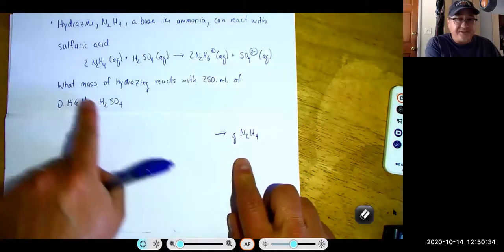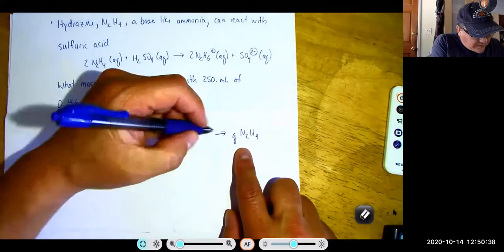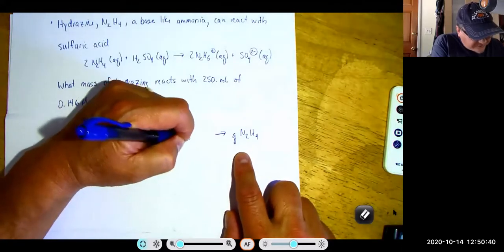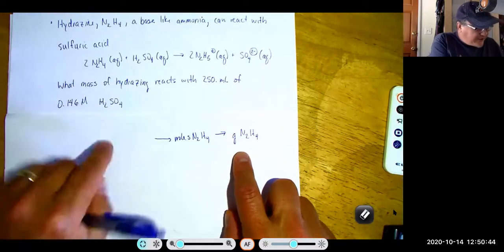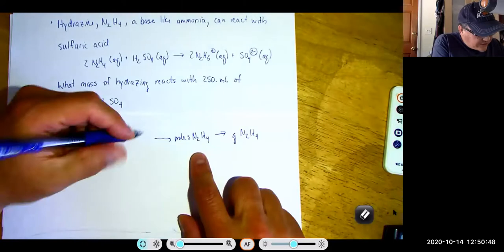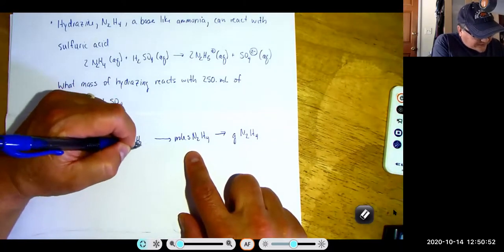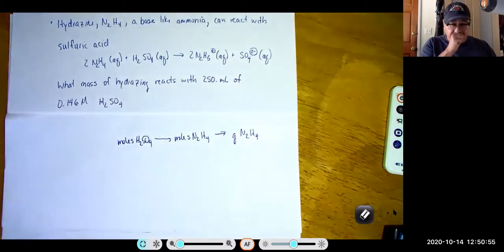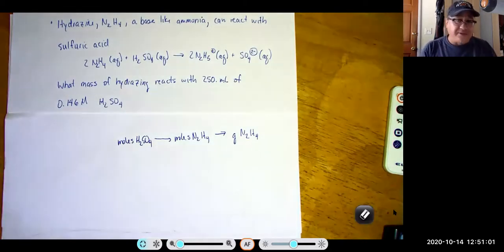What mass? Now, how do we get to the mass of hydrazine? Probably from moles of hydrazine. Since they give us 0.146 molar sulfuric acid, I imagine we'll get to moles of hydrazine from moles of sulfuric acid. If you're good with what I've done so far and you understand it, give me a thumbs up.